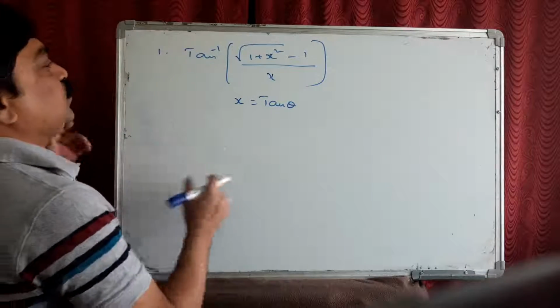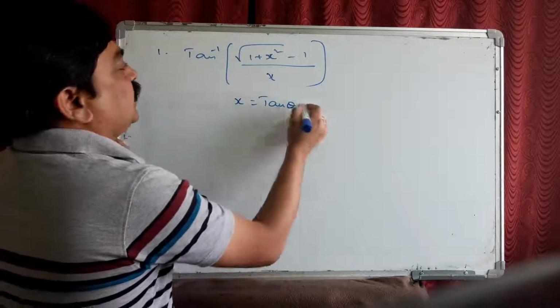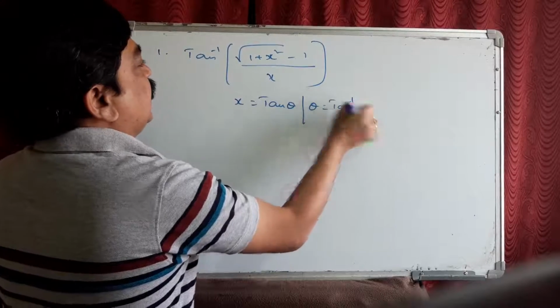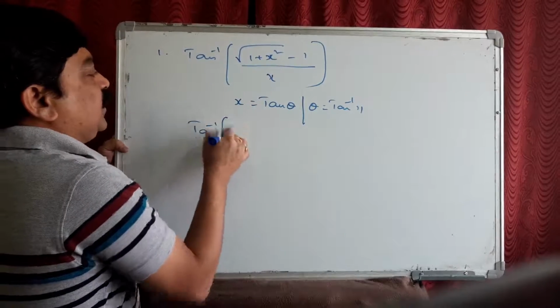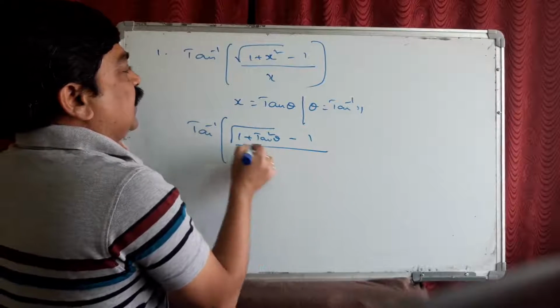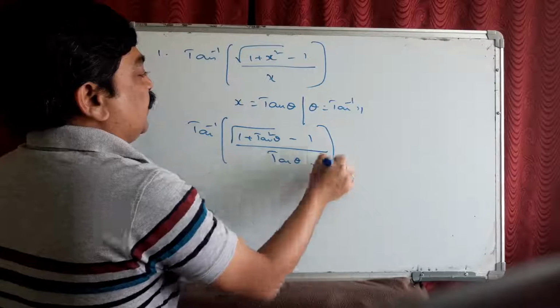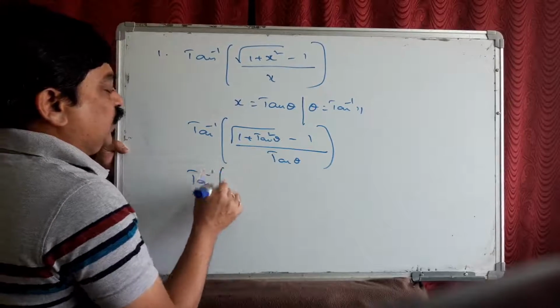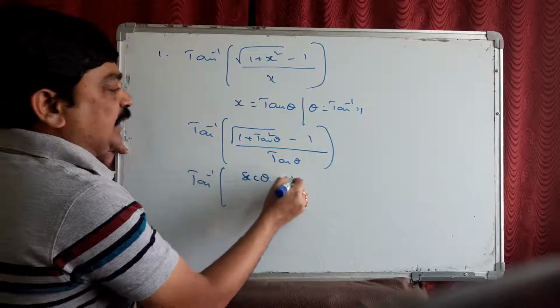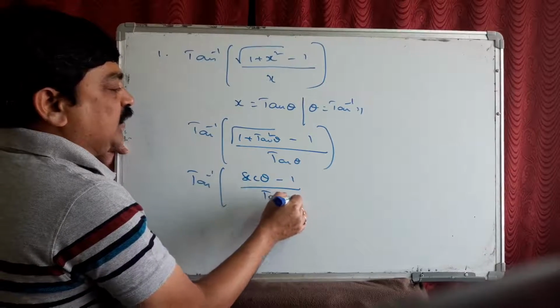Because these all depend on the identities that you have learned in your 10th grade. Now what happens to the problem? When x is tan theta, theta is tan inverse x. Now the question becomes tan inverse of root of 1 plus tan square theta minus 1 by tan theta. 1 plus tan square is secant square theta, so it becomes secant theta minus 1 by tan theta.